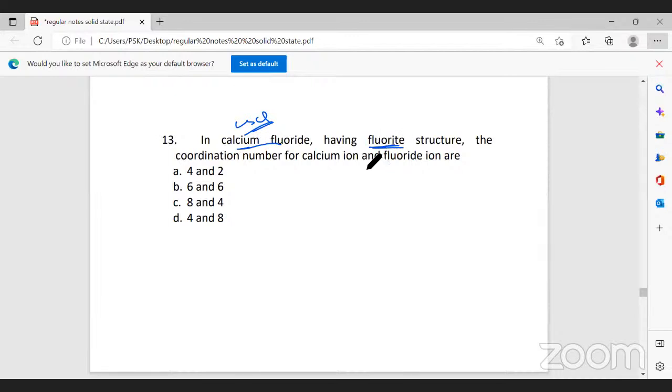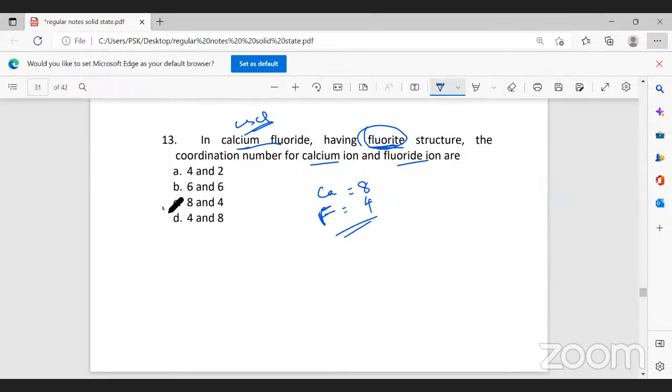The coordination number of calcium ion and fluoride ion: the geometry, if I have to draw or picturize it, is complex. So kindly remember the structure. Remember this answer. For calcium fluoride having fluorite structure, the coordination number of calcium is 8 and of fluoride is 4. Therefore, the answer for this question will be option C, 8 and 4.